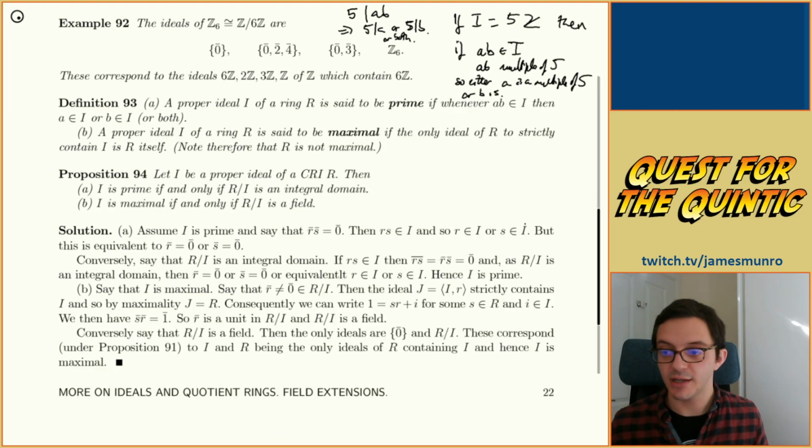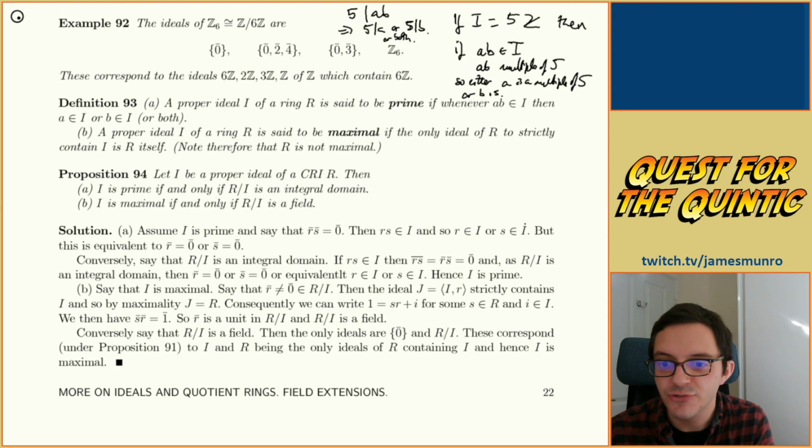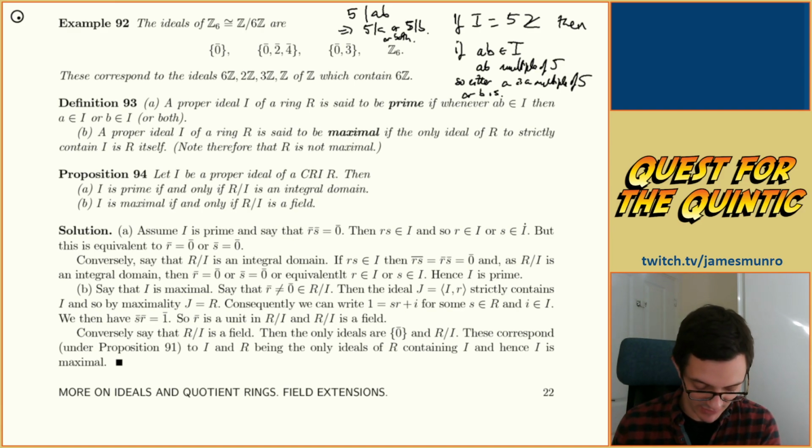And there's a maximal ideal down here as well. The only ideal of R to strictly contain I is R itself. Note R is not maximal. Okay, fine. This feels like a sort of caveat that's not important right now.